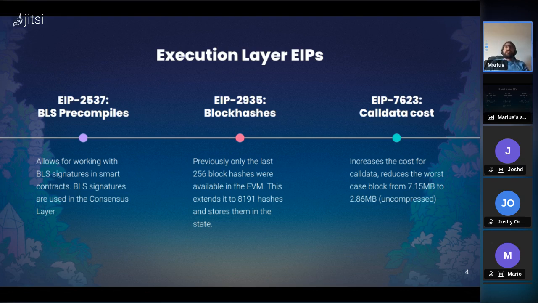And if we want to increase the gas limit, we would also directly increase the worst case block. That would mean we could see 10 megabyte blocks or something. And if you think about it, if you have a 10 megabyte connection and you get a 10 megabyte block, then you already need 1 second just to download the block. And then you also need to send the block to your peers, and you might have only a 5 megabyte upload.